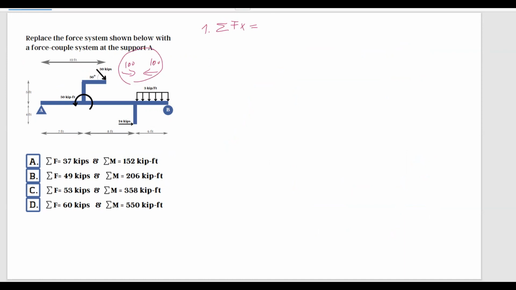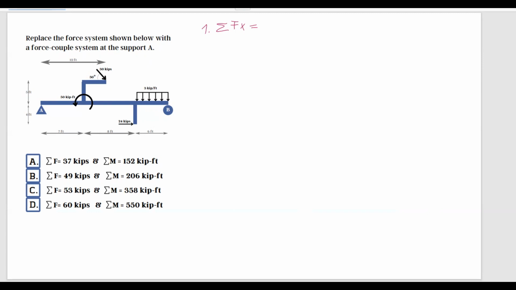This is going to make it 0. But sum of forces by themselves, it's not 0. Sum of forces in the x or y direction are 0 when we consider the reactions. That's when this system is in equilibrium. But we're not working with reactions, so do not make it 0.